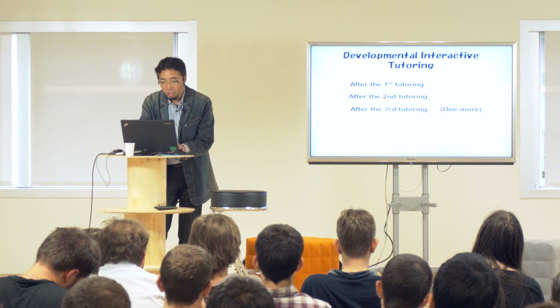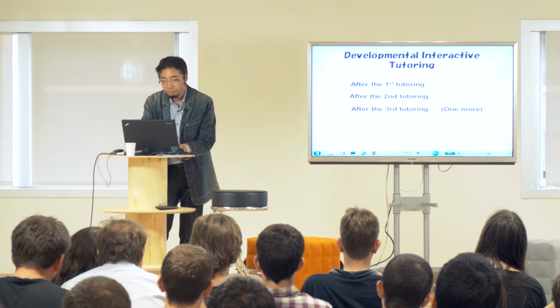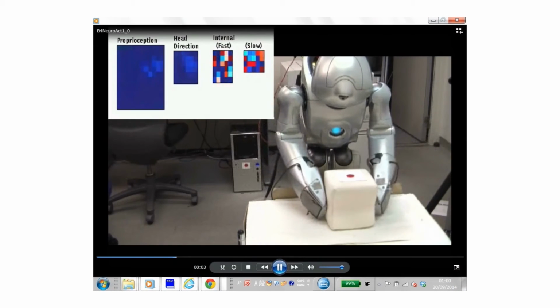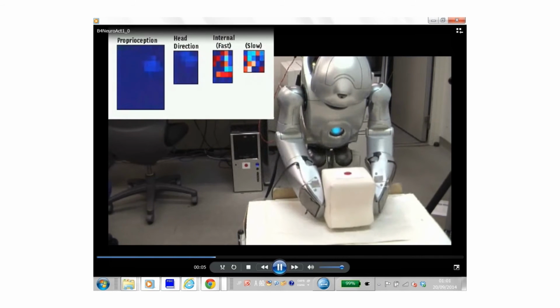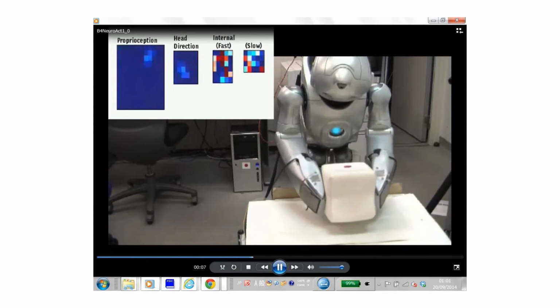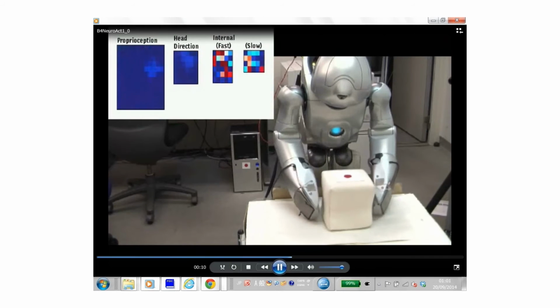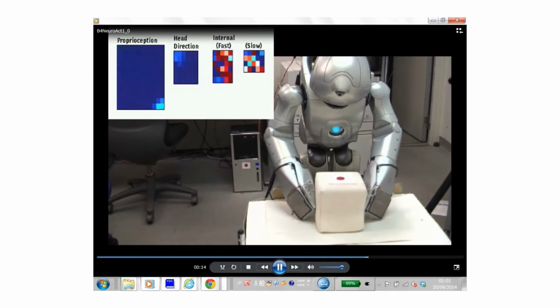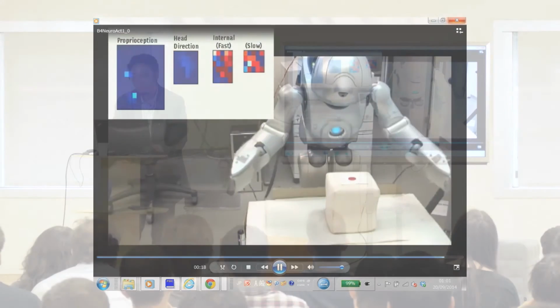After the third tutoring, what we got is this. This is a slow neuron, slowly changing neuron. This is a fast dynamics neuron. After four times moving up, he can do moving left and right four times and go back to the home position.